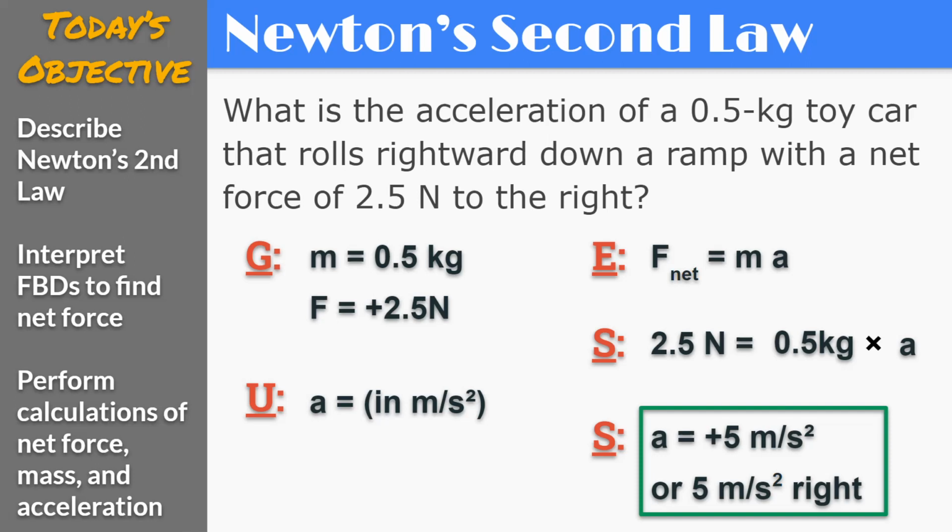When we do that, 2.5 divided by 0.5 gives me an answer of positive 5 meters per second squared, or 5 meters per second squared to the right. Again, because a newton is a kilogram meter per second squared, when I divide by kilograms, those cancel, and this is my remaining unit. Does anyone have a question about this one?